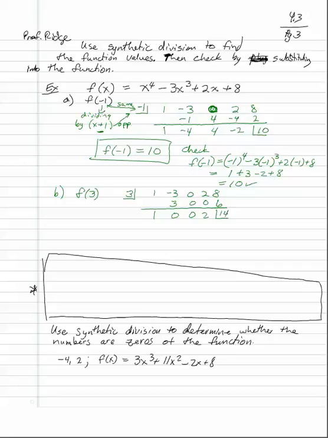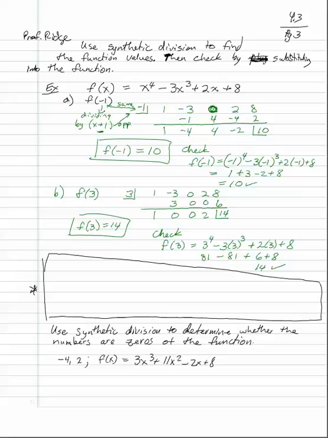And then 14. So we're saying that f of 3 equals 14. So again, let's check it. If I put in 3 to the 4th minus 3 to the 3rd plus 2 times 3 plus 8, so we get 81 minus 81, plus 6 plus 8, which is 14.